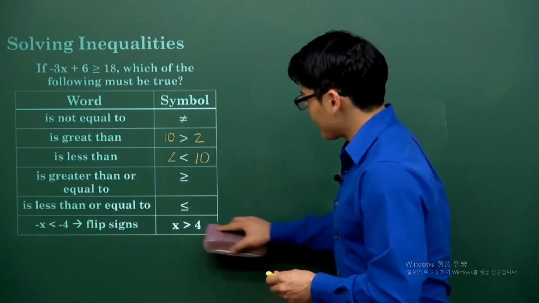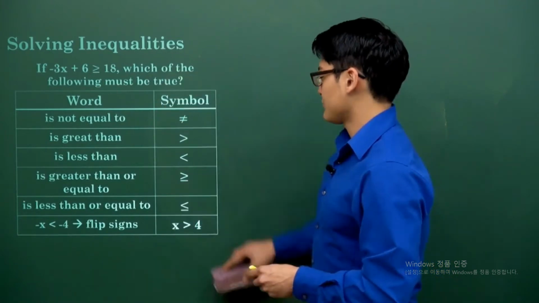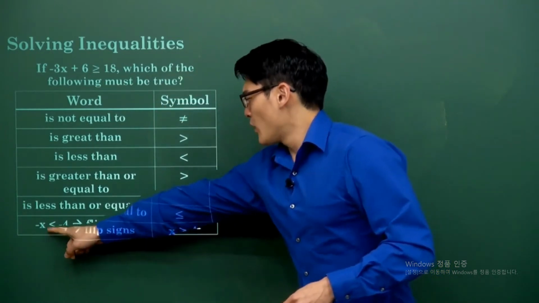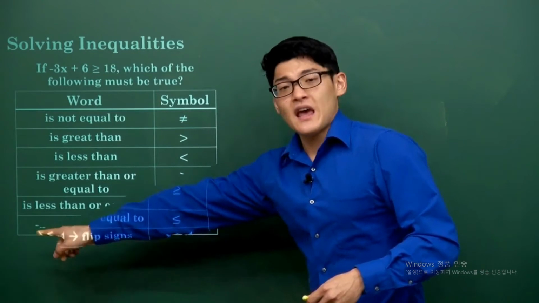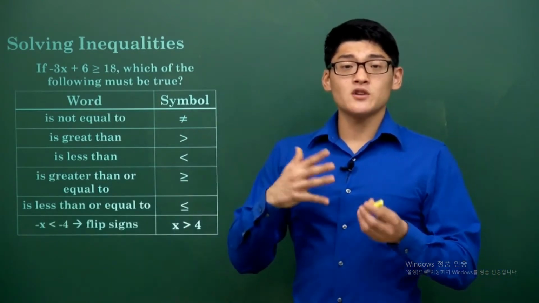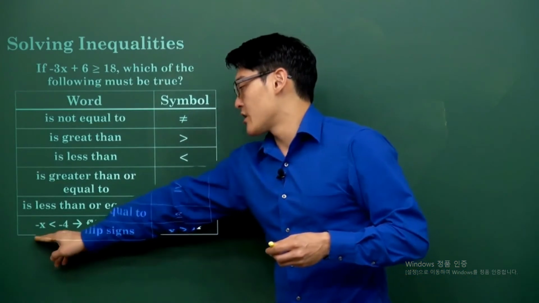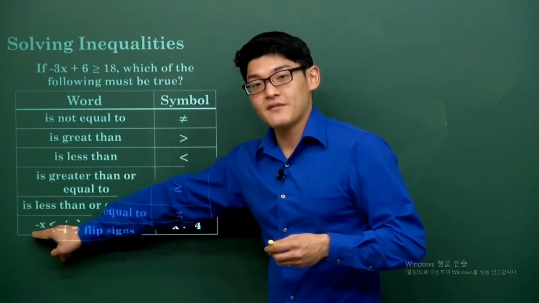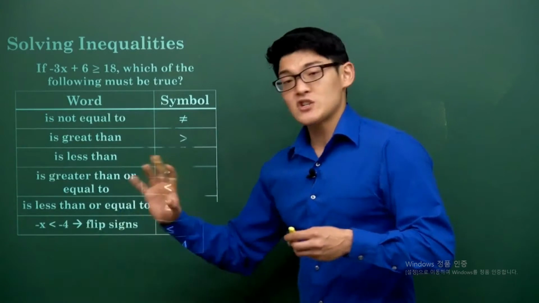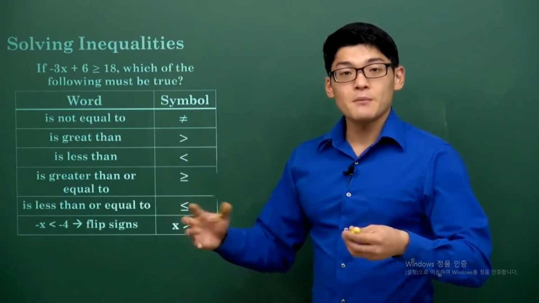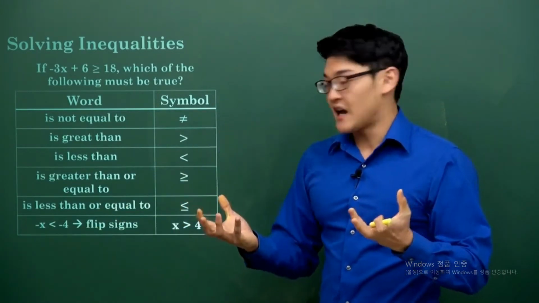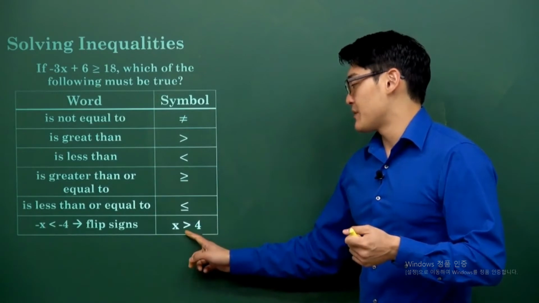And finally, this is very important. When you have a negative x and you want to make it positive x, you have to switch signs, and you have to do it to both sides. But if you're switching signs on both sides, you also have to flip the inequality sign.